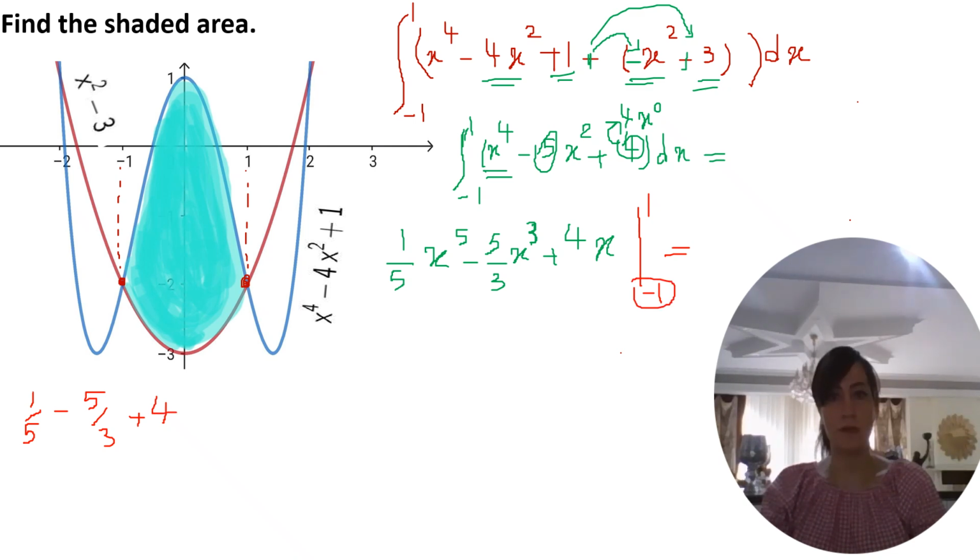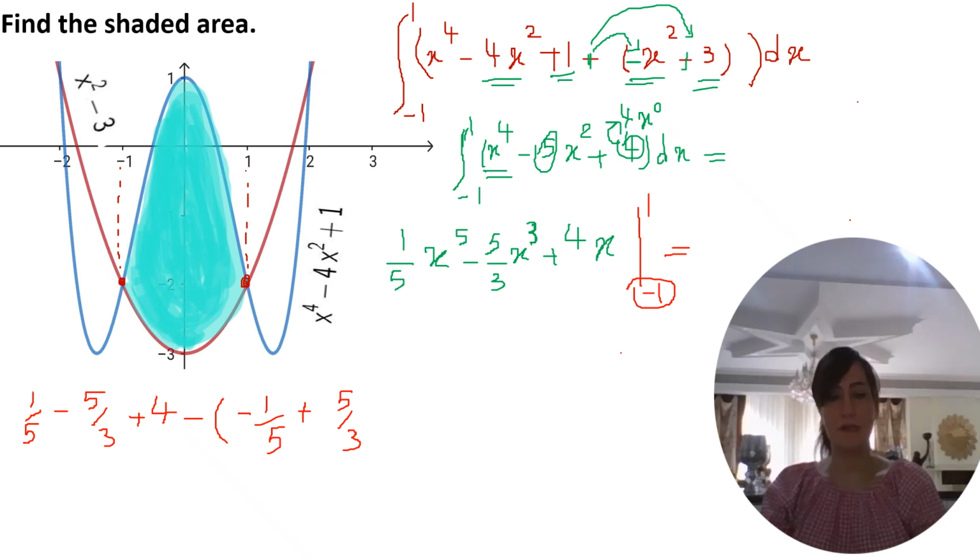I go for the lower limit and substitute -1 inside this expression. So minus, now the lower limit: -1 to the power of 5 gives me -1, so it would be -1 over 5, minus 5/3. -1 to the power of 3 gives me -1, so -5/3 times -1 gives me positive 5/3.